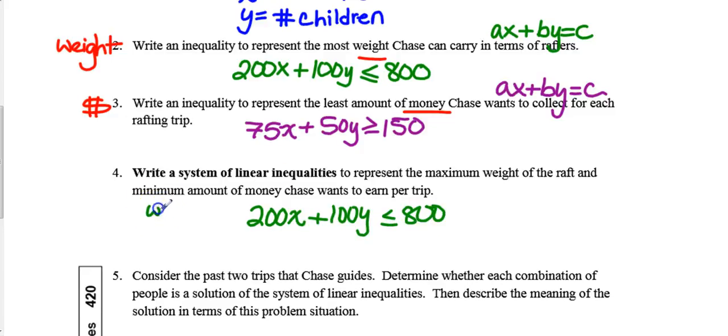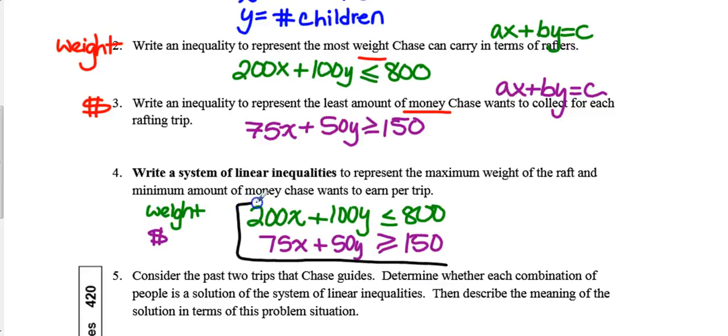Again, this one was about the weight. And then 75x plus 50y greater than or equal to 150. That was about the money. Together, these two inequalities make up the system.